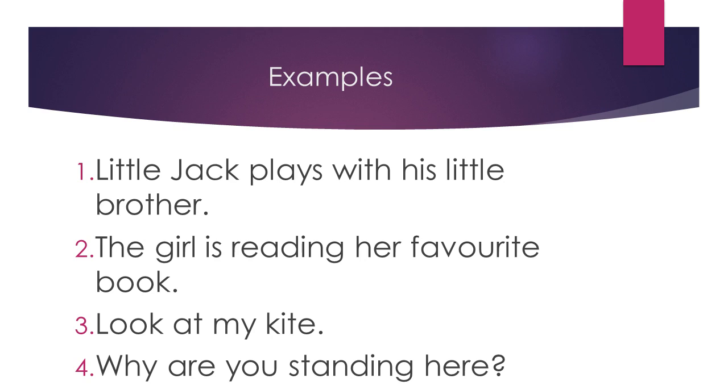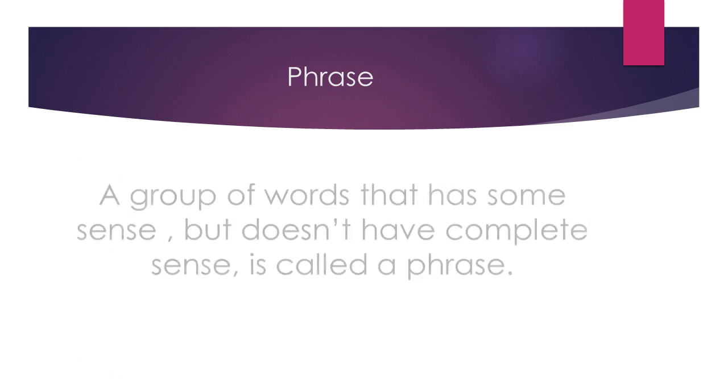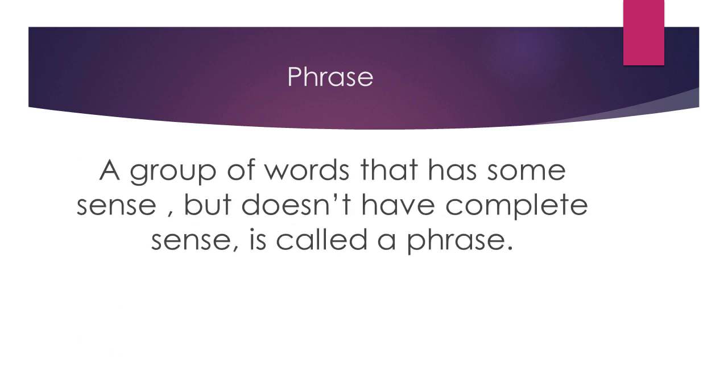Now next is, what is a phrase? Let us see. A group of words that has some sense but doesn't have complete sense is called a phrase. A phrase is always a part of a sentence. It is never a complete sentence.